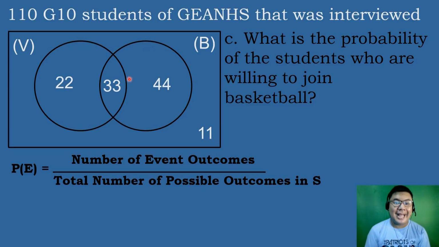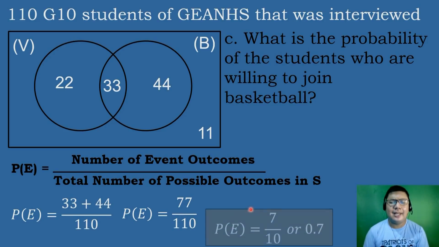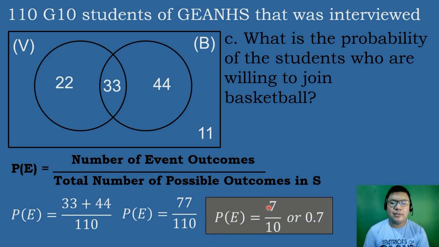So we will be adding the numbers inside the circle of basketball, and that is 33 and 44 for the number of event outcomes. 33 plus 44 over the total number of outcomes in the sample space, which is 110. 33 plus 44 is equal to 77 over 110, and getting its lowest term is 7 over 10 or 0.7.